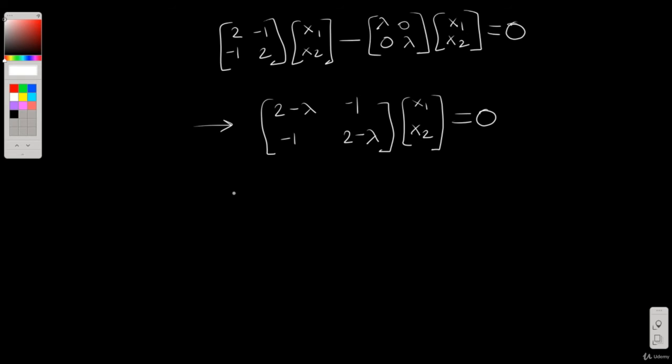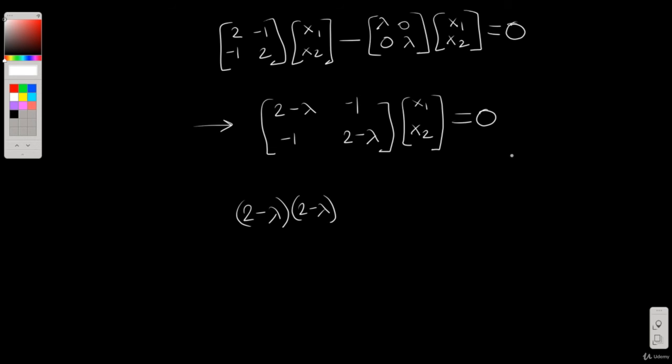So now we simply solve for the determinant. The determinant of this is simply 2 minus lambda times 2 minus lambda, minus this term times this term.